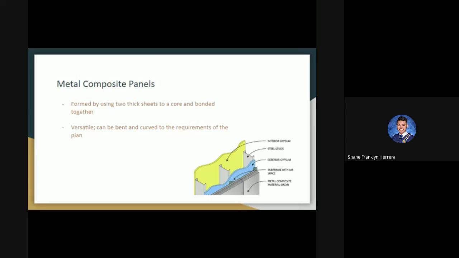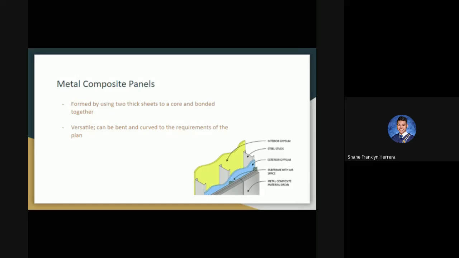These panels are advantageous because they retain their manufactured shape even after you install them on your walls. They are multifunctional, so these can be installed on different types of walls depending on the plan.